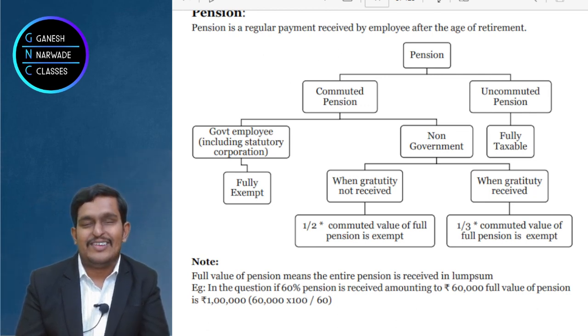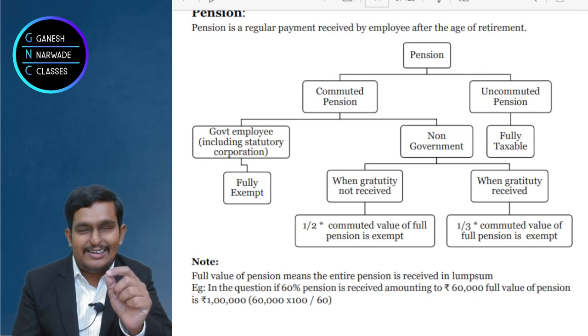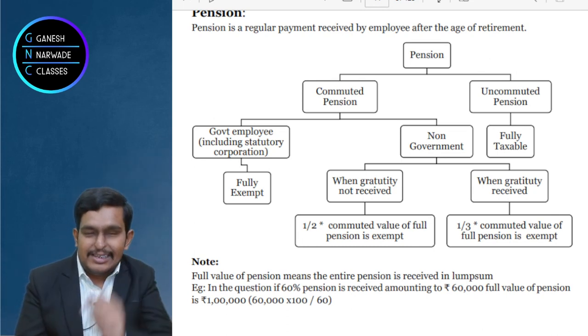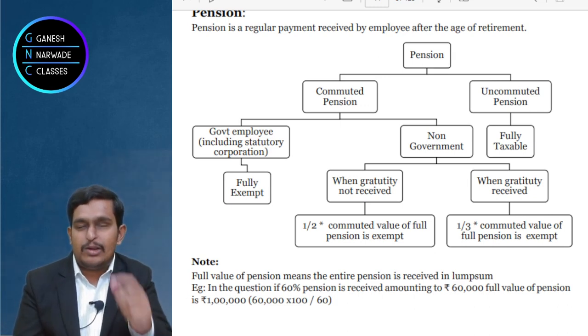Really challenging for me. So this way exemption will be calculated. Now you received 3 lakhs, right? From 3 lakhs, 1,33,333.33 you deduct, balance is taxable. Right? You want more examples?